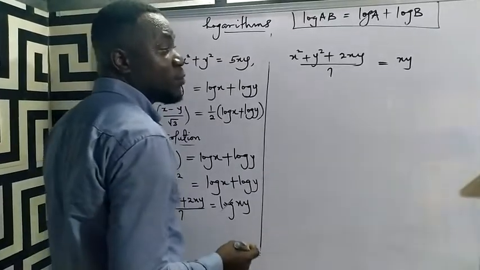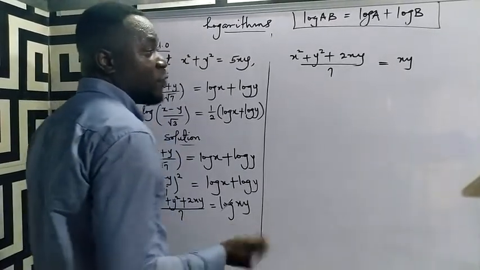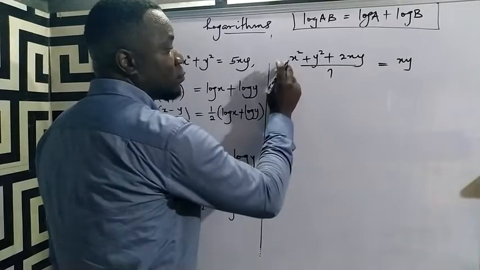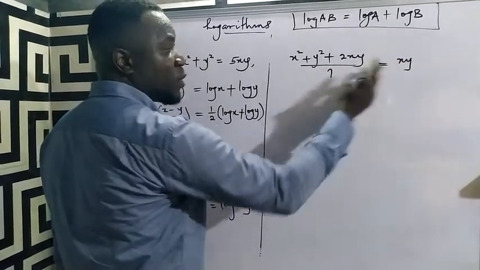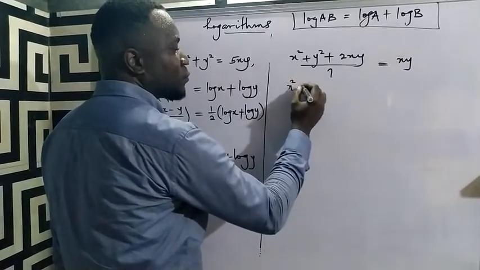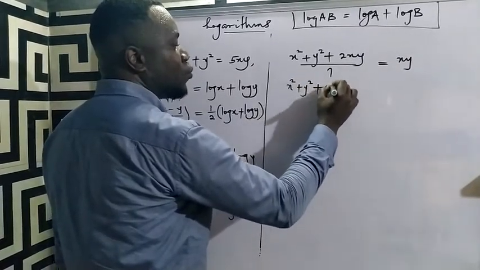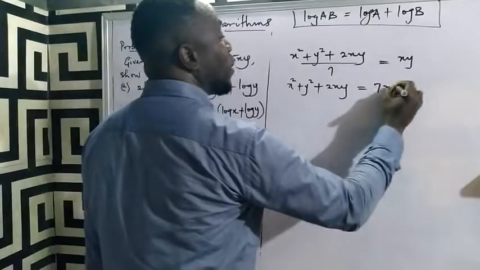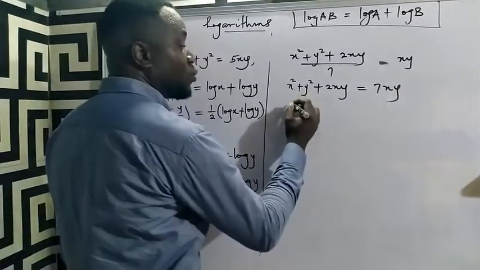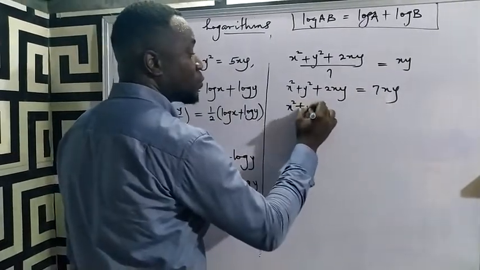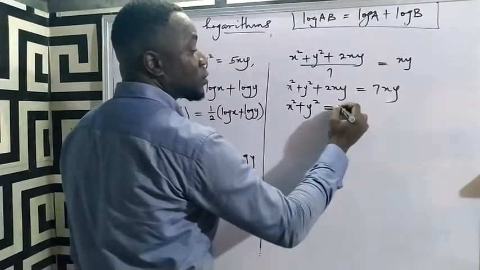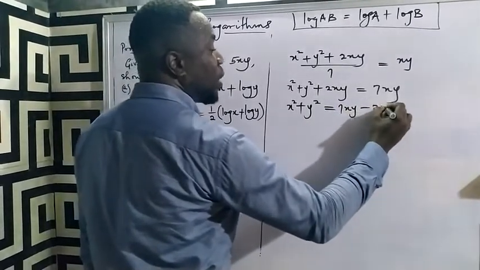So at this point, you can cross multiply, or you multiply both sides by what? 7. If you multiply both sides by 7, this 7 disappears, and this one becomes 7xy. So you have x squared plus y squared plus 2xy equals 7xy. Right? Good. So if you take the 2xy to the other side of the equation, you have x squared plus y squared equals 7xy minus 2xy.